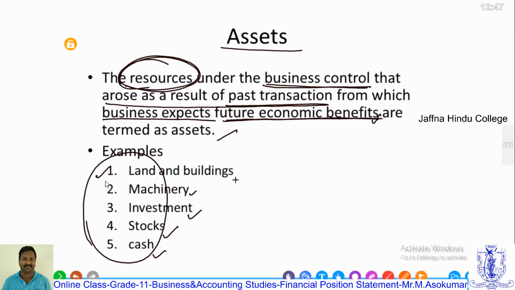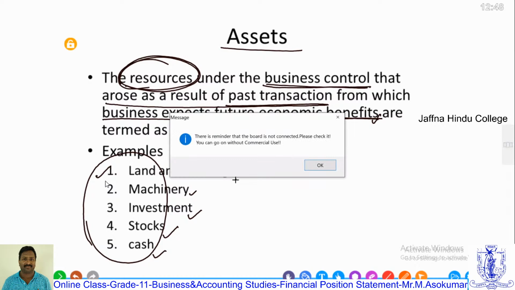Machinery, investments, and stock are likewise under the business control, arose from past transactions, and are expected to bring future economic benefits.